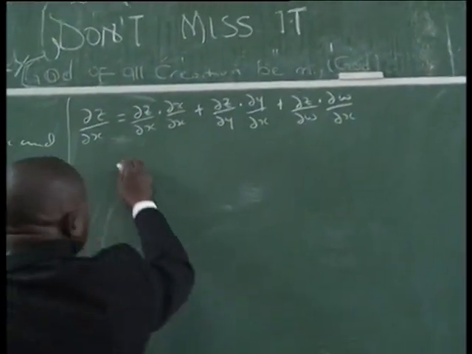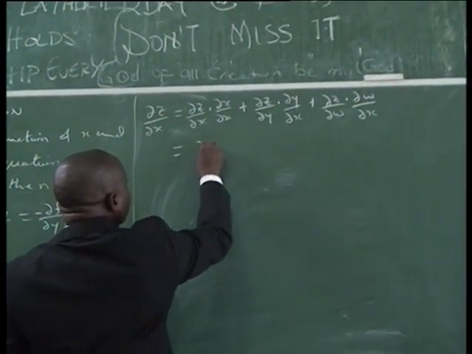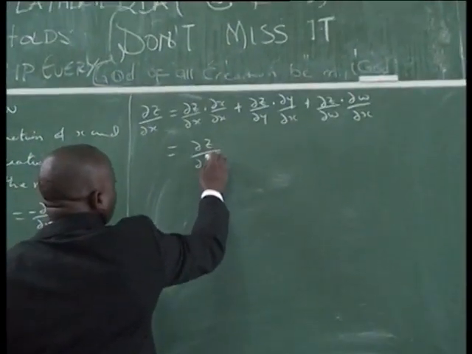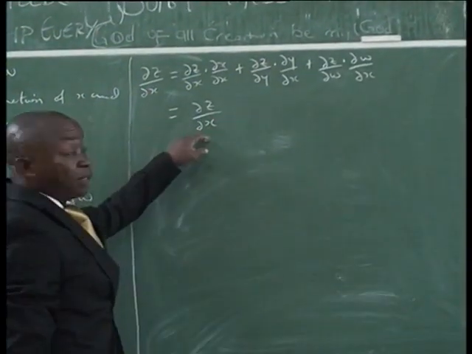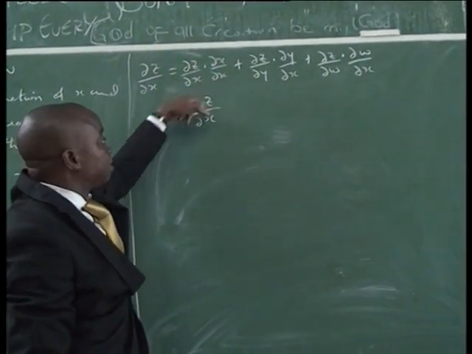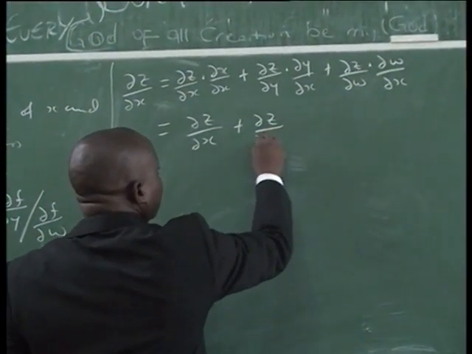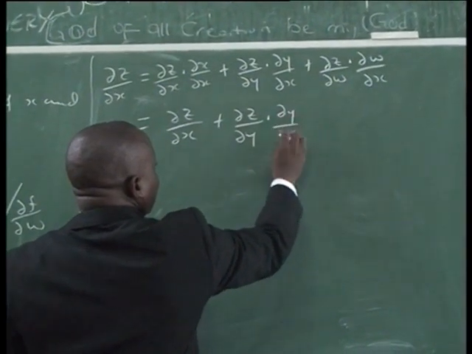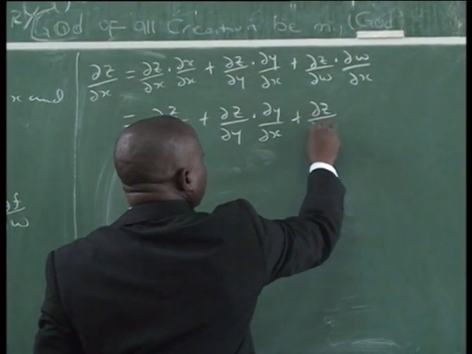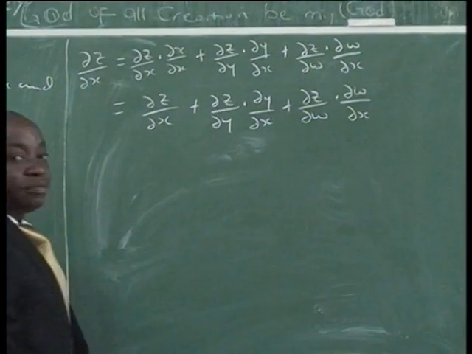Now, you see, this is the same thing as writing partial z, partial x, because this partial can cancel themselves, so we have this, plus partial z, partial y times partial y, partial x, plus partial z, partial w times partial w, partial x.